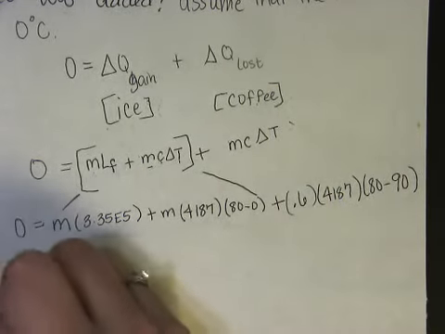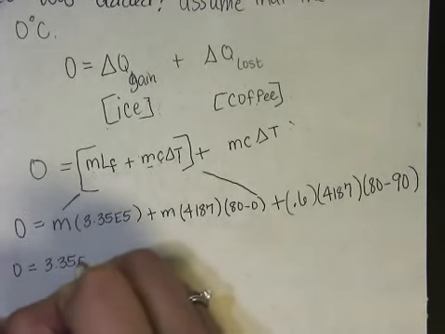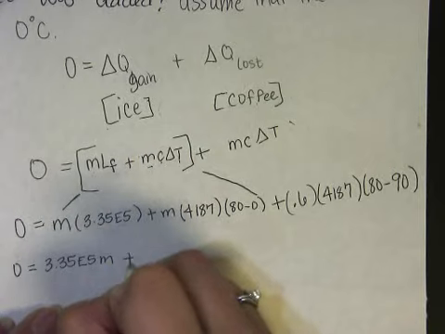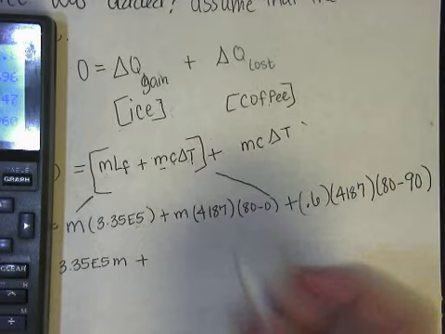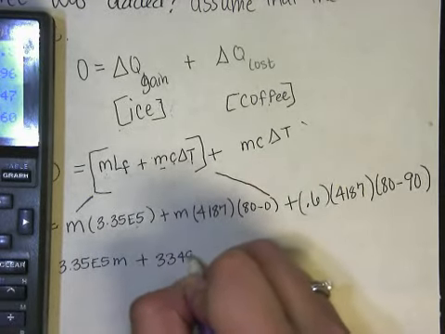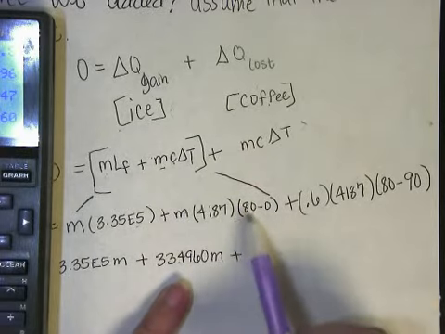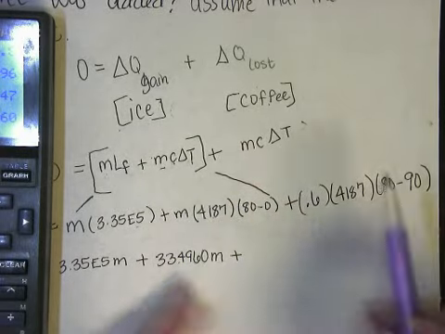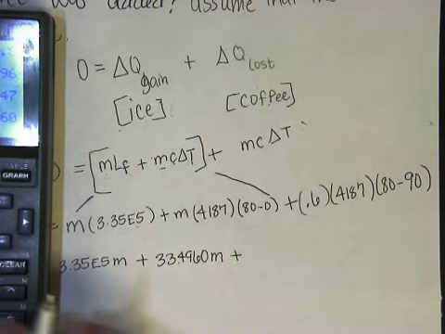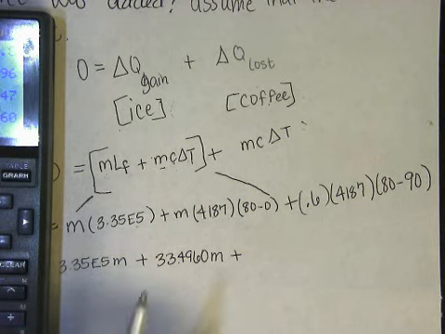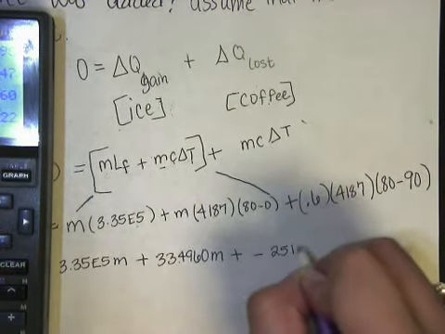So 0 equals 3.35 e to the 5th m plus 334,960 m plus, I got this number by multiplying these two together and then distributing to the m. Now I'm going to solve for this part right here. This I can just type straight into a calculator. And I get negative 25,122.